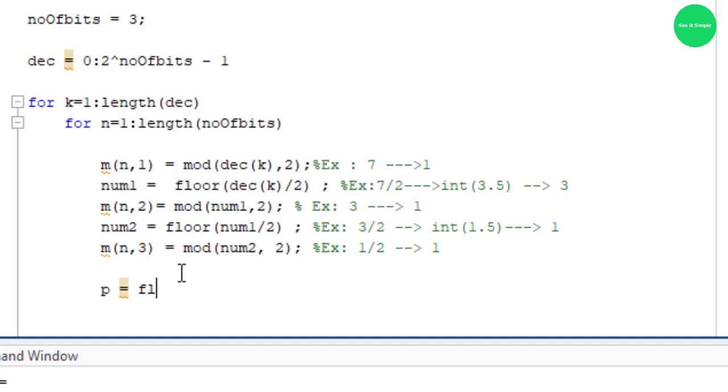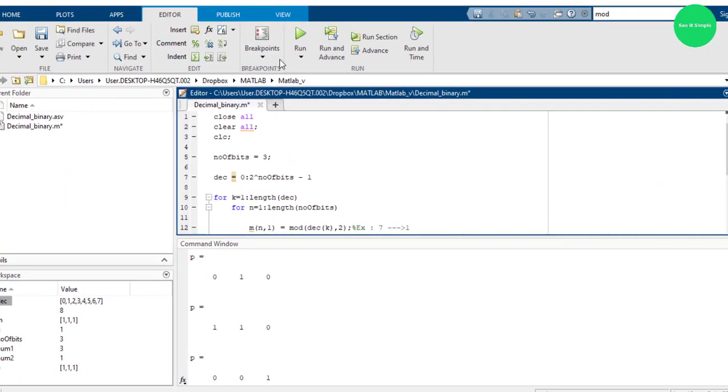We use flip LR of the matrix, then we get the correct order.